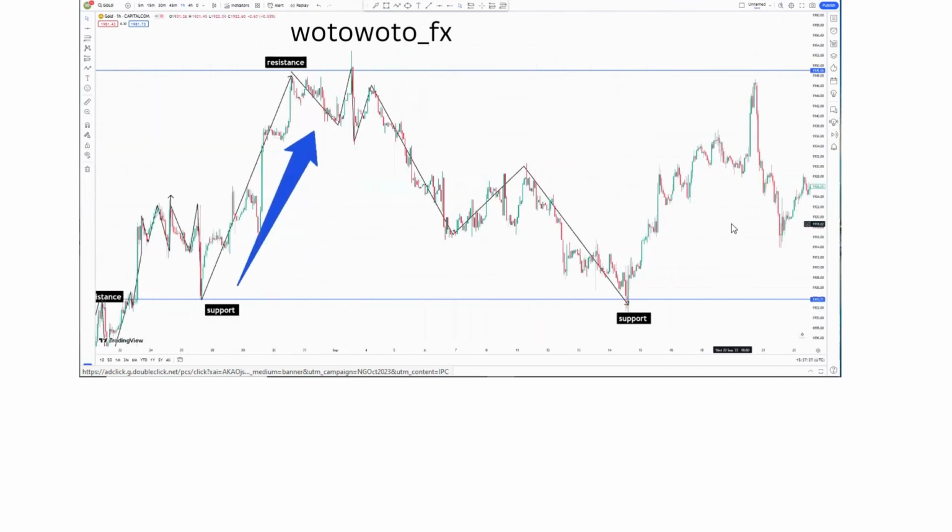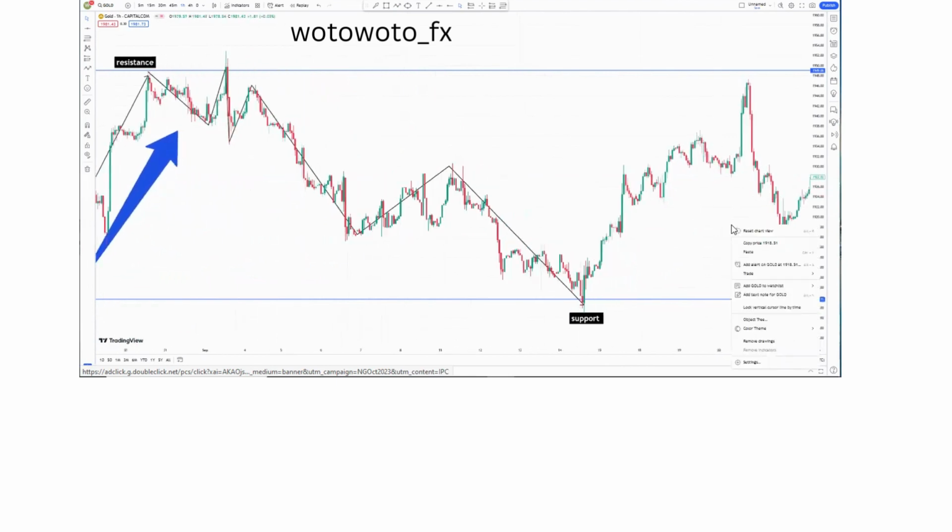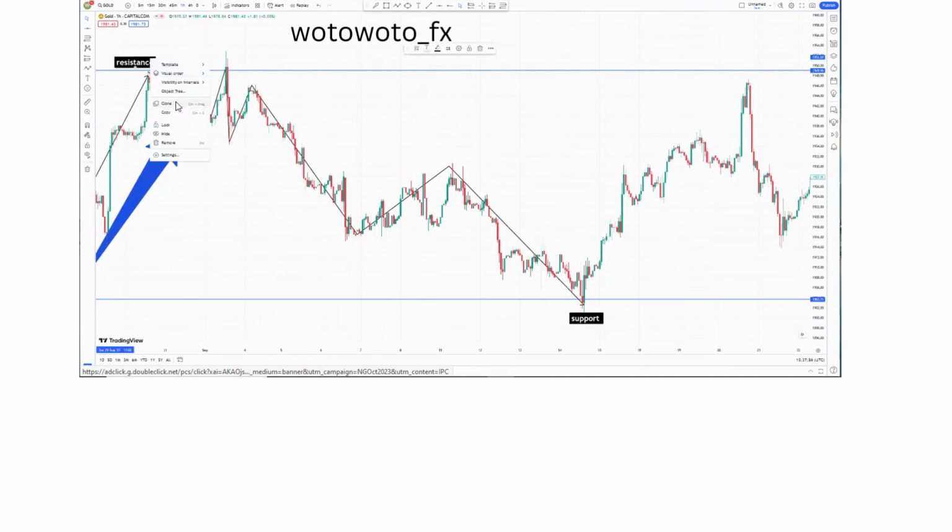So now, the next place where we are hoping for price to tap into is resistance. So now, we'll be hoping that price is going to come back to this level after tapping on this support level.